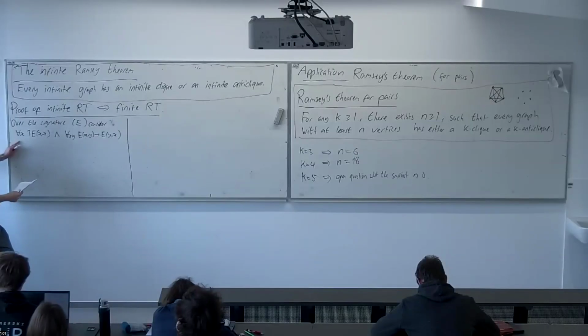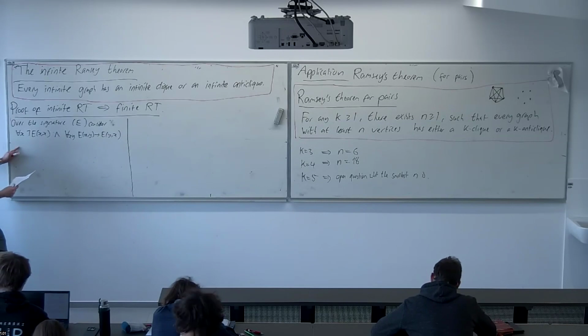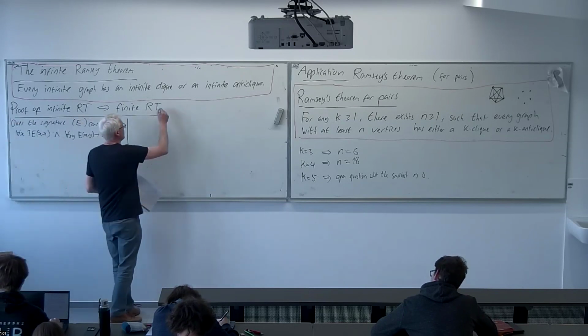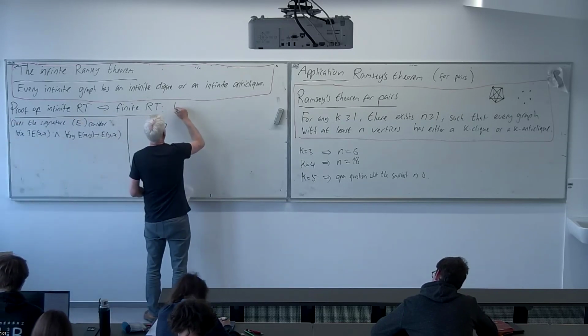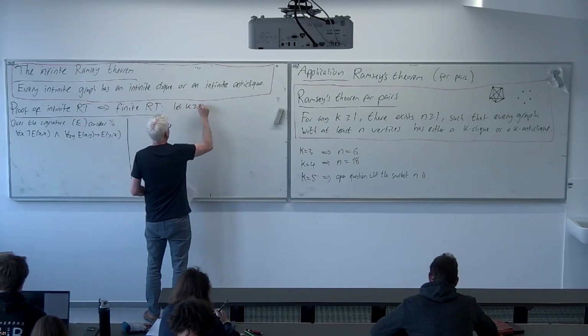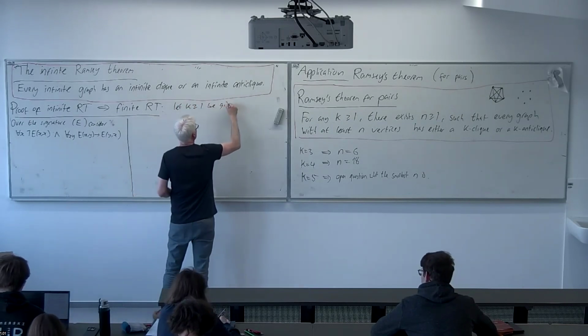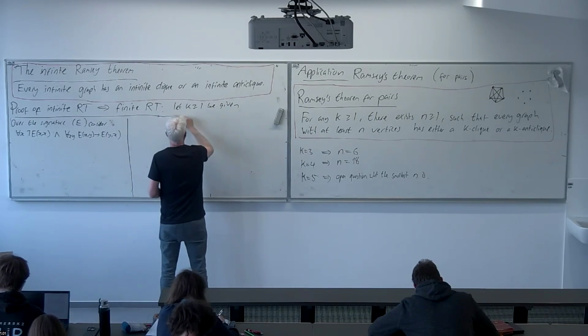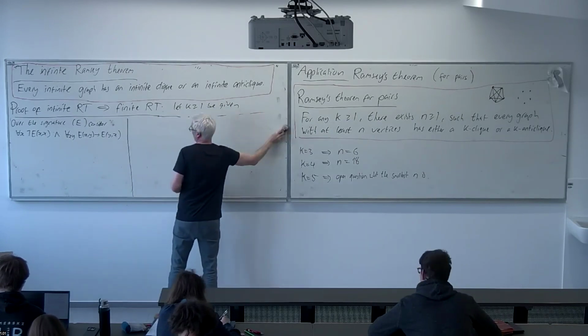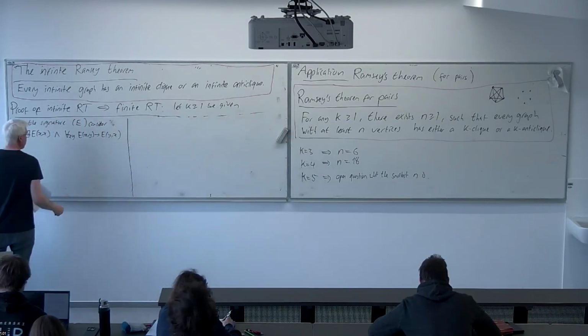And we're going to have the two sentences that say there is no k clique and there is no k anti-clique. So we've started the proof here, we've got some k, so we let k greater than or equal to 1 be given. We want to carry on with the proof here.